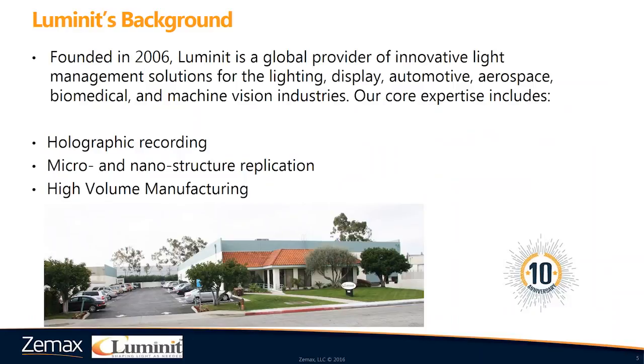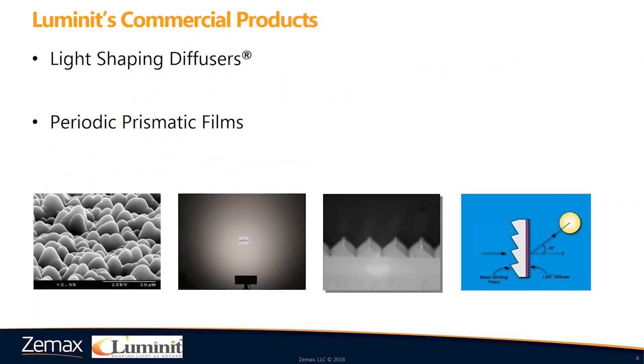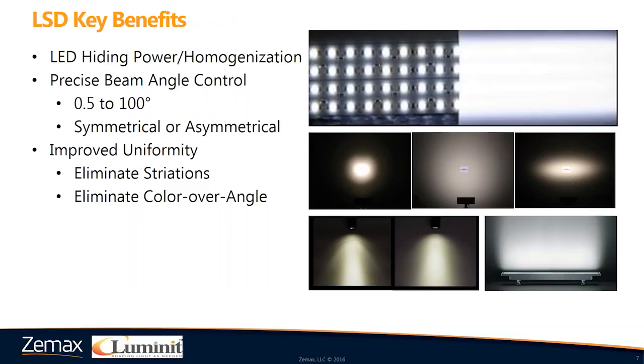We were founded 10 years ago, and Luminit is expert in light management solutions for our customers. Our core technologies include holography, surface structure replication, and high volume manufacturing. Okay, so our commercial products involve light shaping diffusers and prismatic films. So today we'll be going over light shaping diffusers.